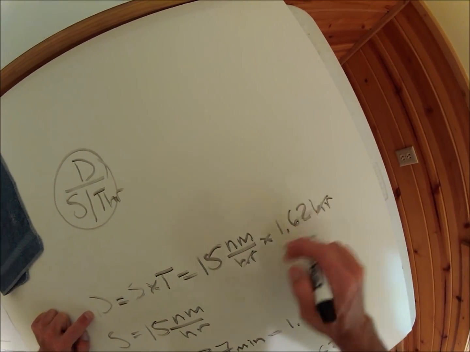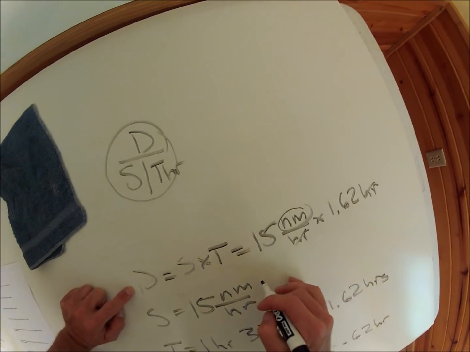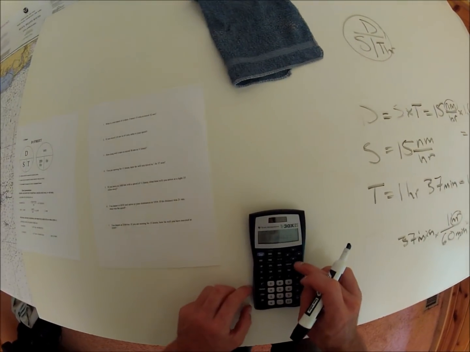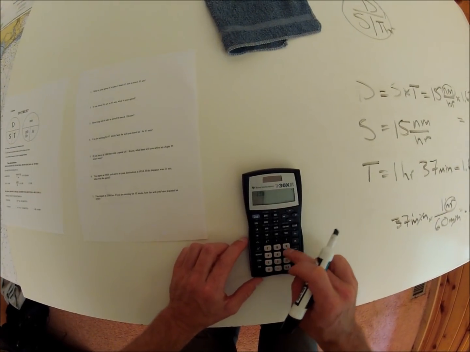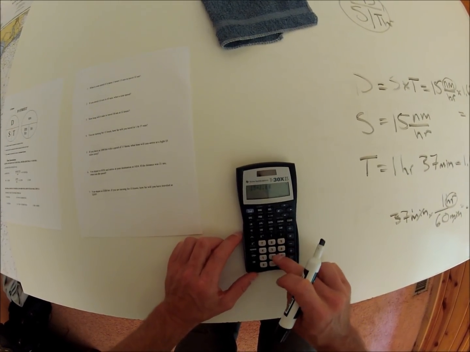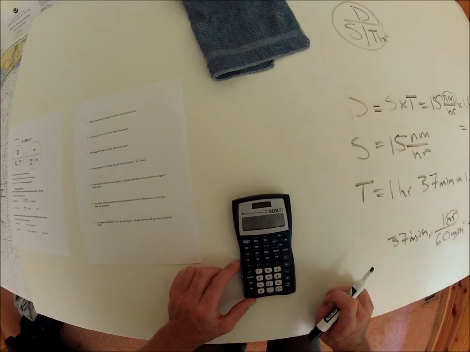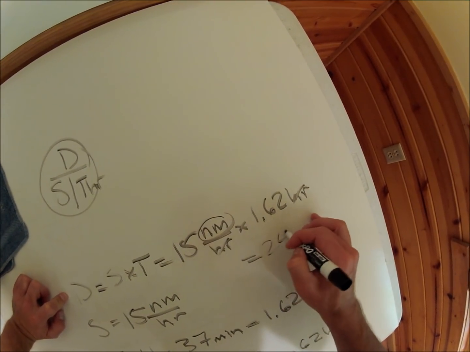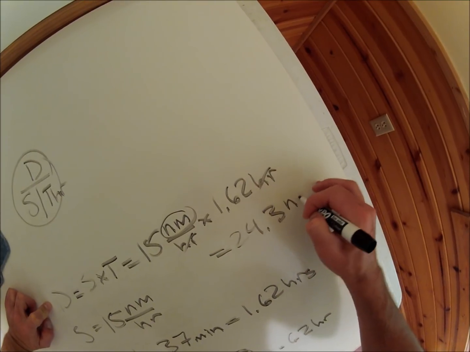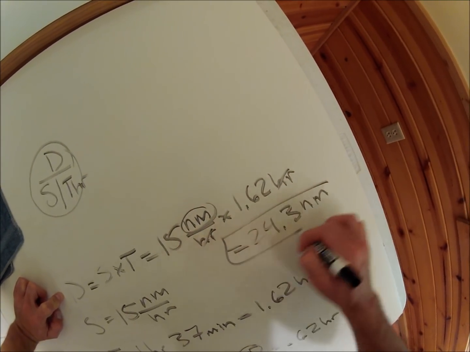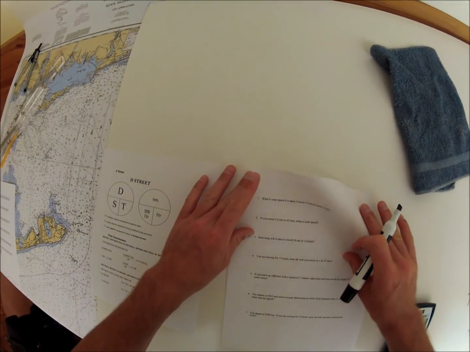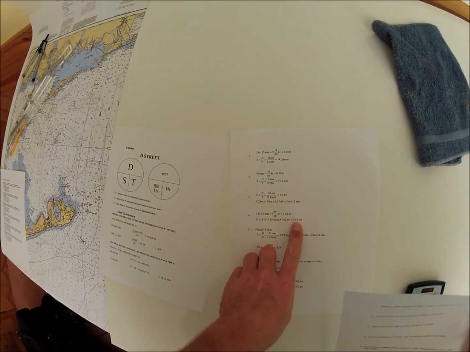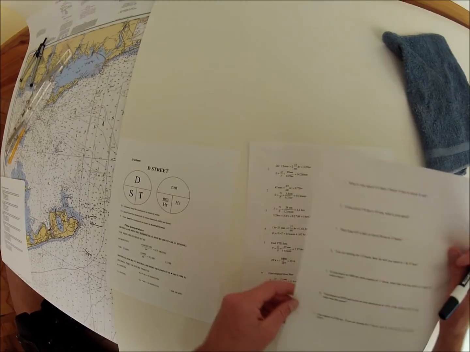See these hours cancel, left with nautical miles. Is equal to 15 times 1.62, which equals 24.3 nautical miles. Should be our answer. Let's look here for 4. 24.3 nautical miles.